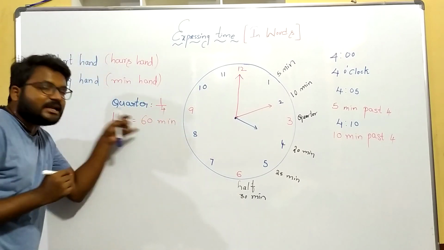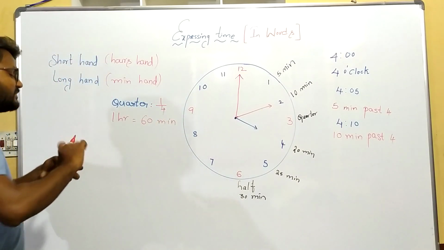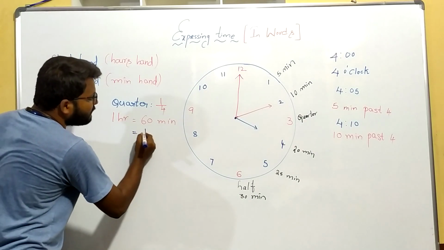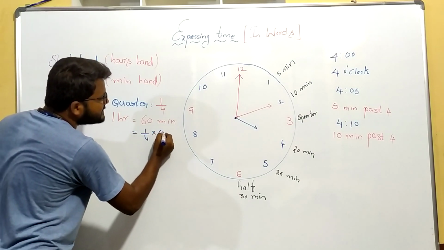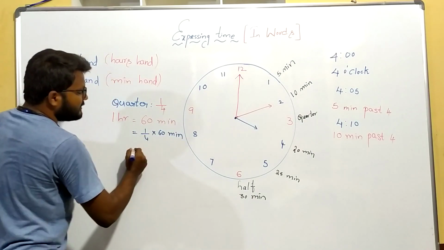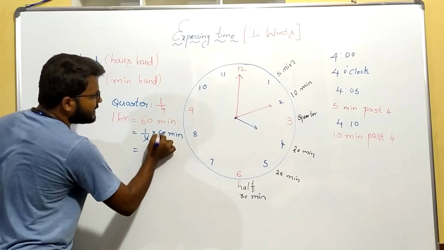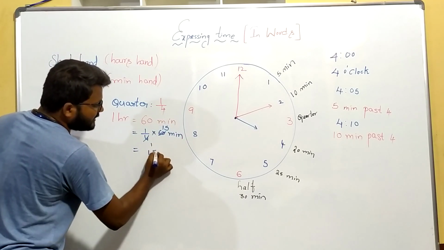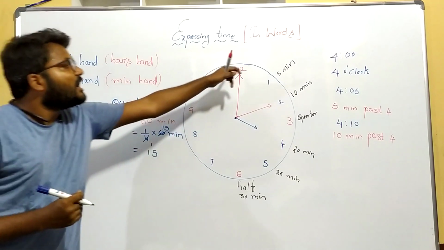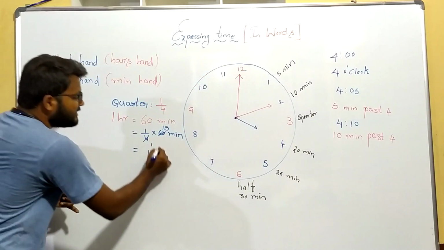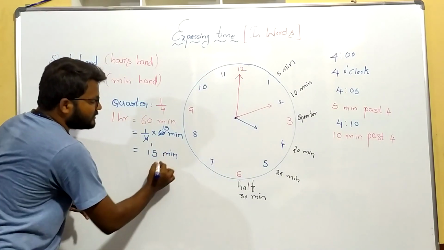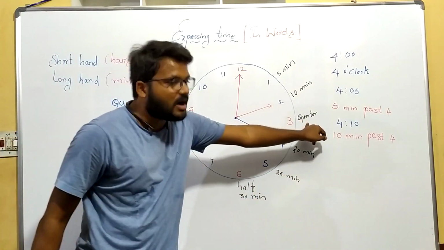So what is a quarter part of that 1 hour? Let us calculate it. 1 by 4 into 60 minutes. That is nothing but 4 ones are 4, 4 15s are 60. So a quarter part of the total 60 minutes is 15 minutes, right? So I mentioned here quarter.